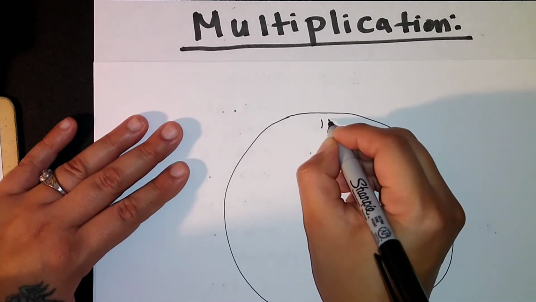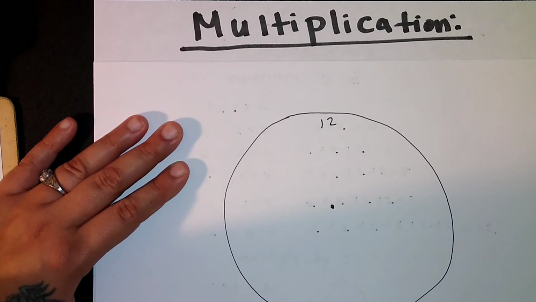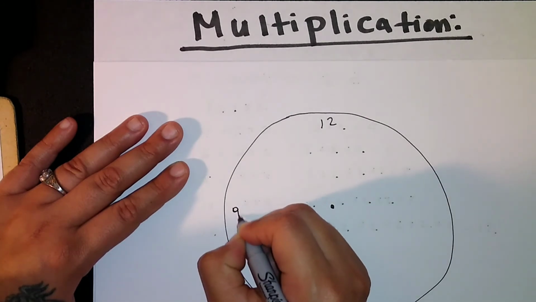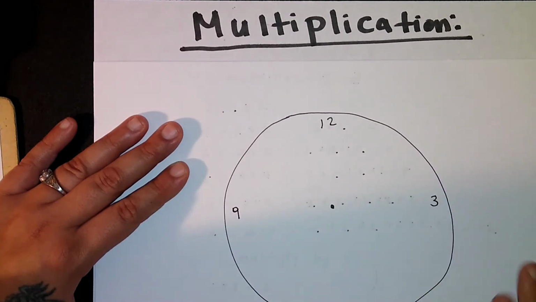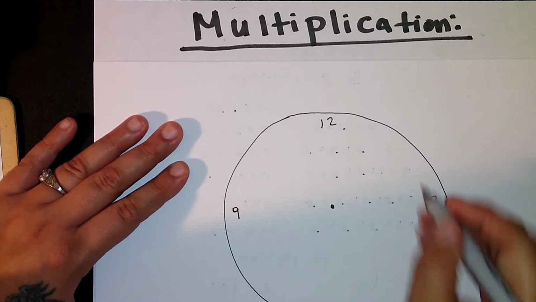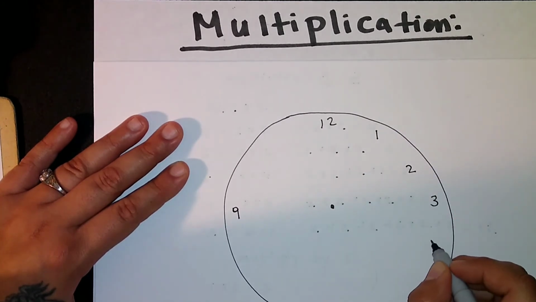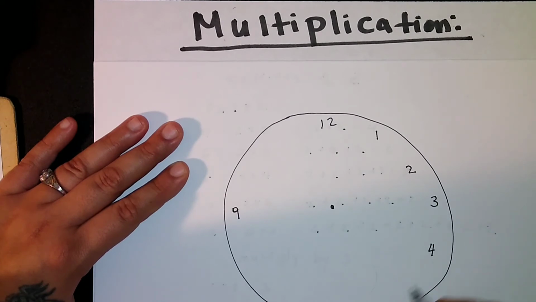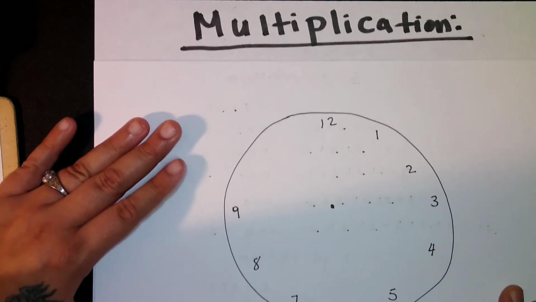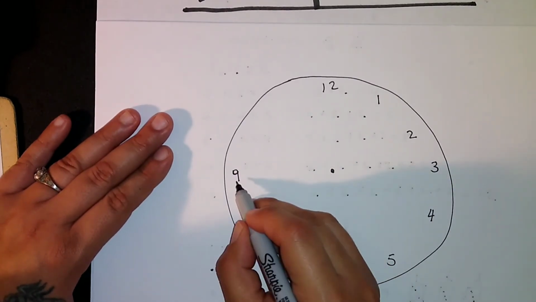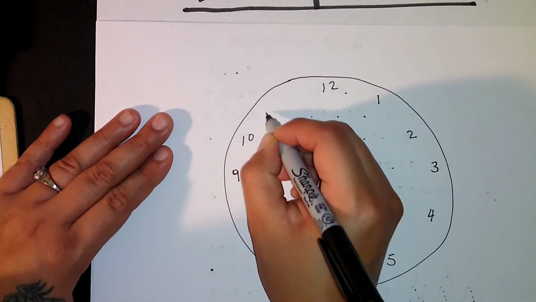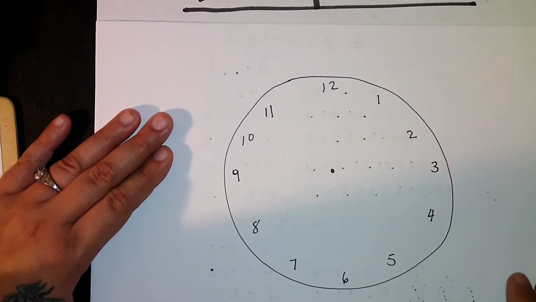We have 12 here. We have 6. We have 9. We have 3. We have 1, 2, 3, 4, 5, 6, 7, 8, 9, 10, 11.